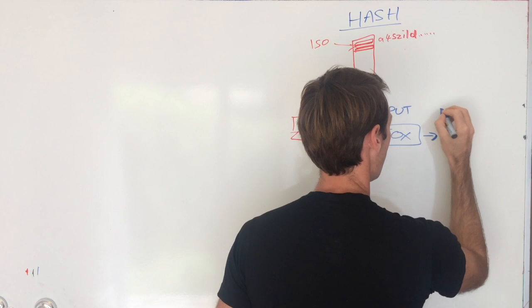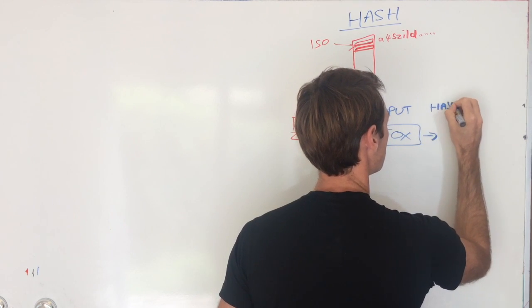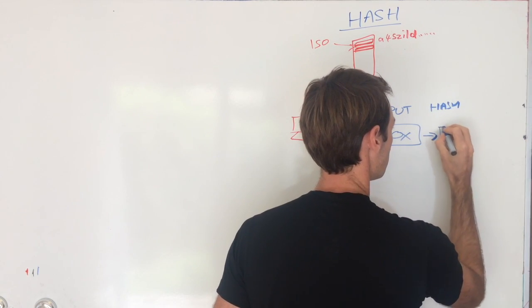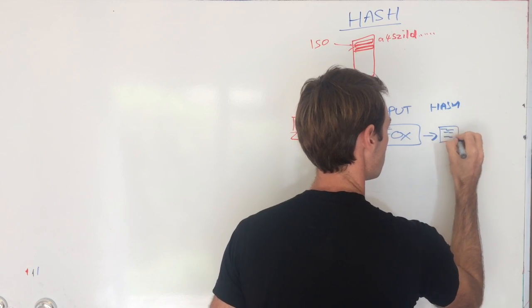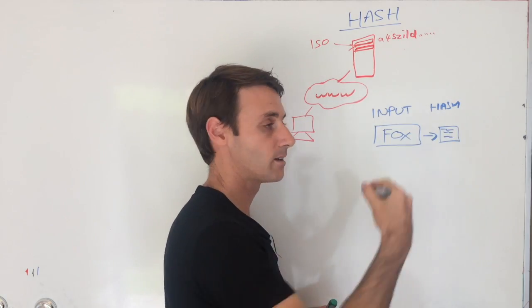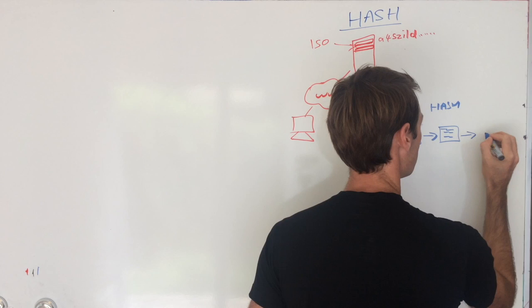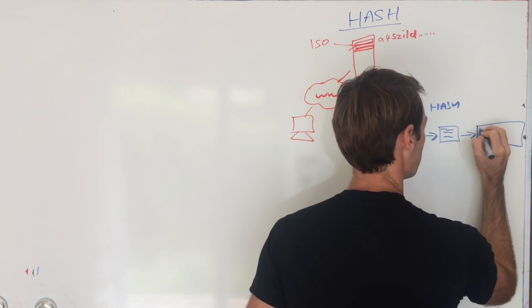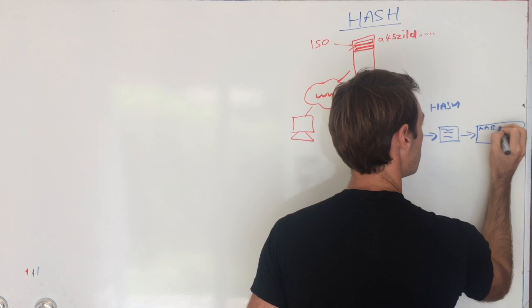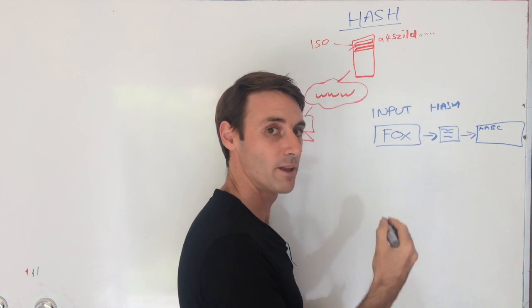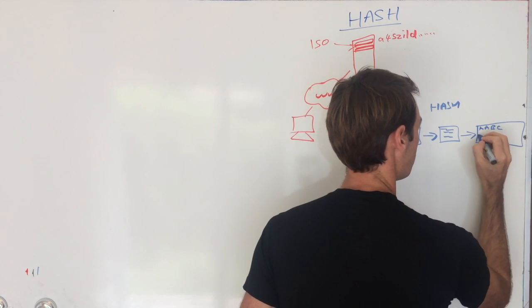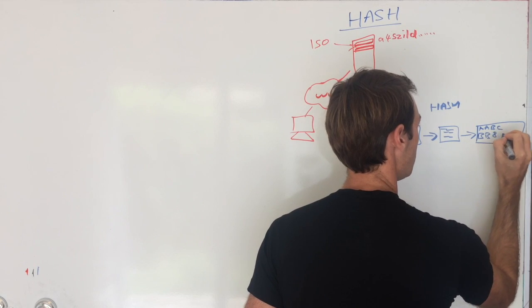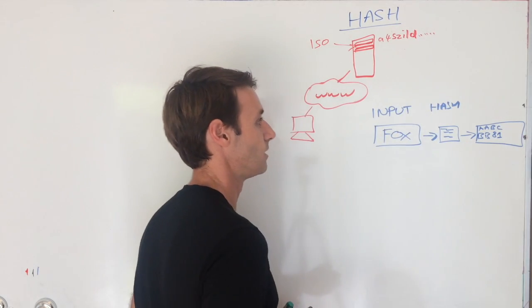You run it through a hash. And you get something out the other end. Typically, the same number of characters each time. So in my case, it's going to be 8 characters.